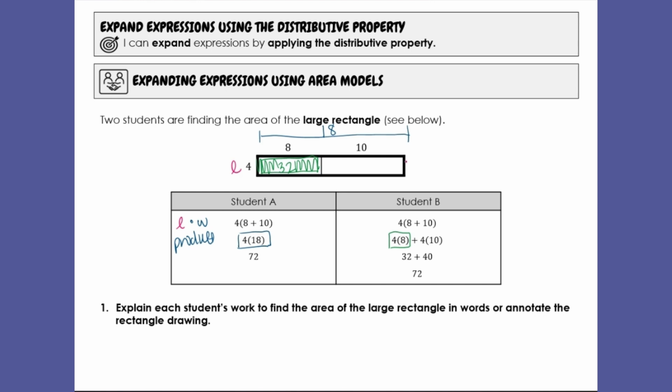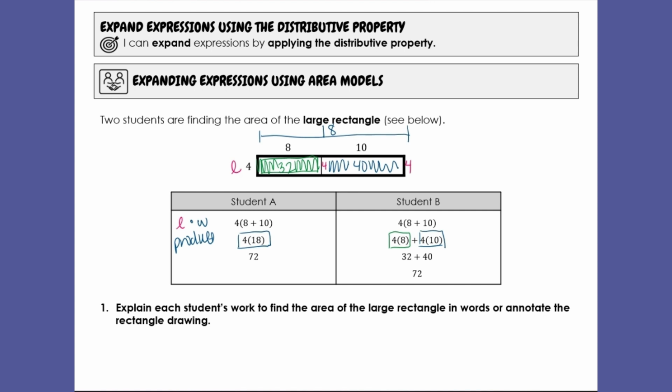You might be saying it's missing a length, but the length is shared, meaning it still has a length of 4. It's 4 here, it's 4 here. No matter where you run across, it's still going to be a height of 4. And then the width is 10. So the area of this part of the rectangle would be 4 times 10, which is 40.